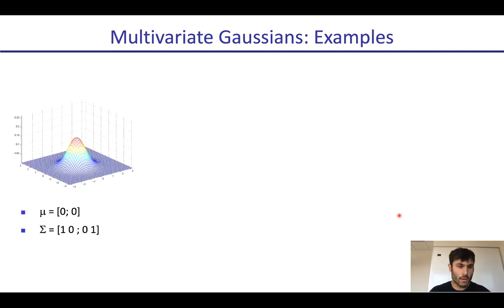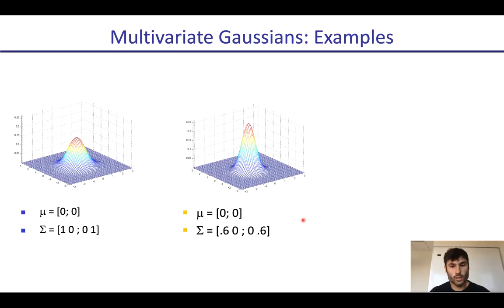So now we'll see what happens if we change the covariance matrix. Here in this function, we have kept the mu the same, but we have scaled the covariance matrix. In this case, we have shrunk it. So now instead of the diagonal terms being 1, 1, they're 0.6, 0.6.